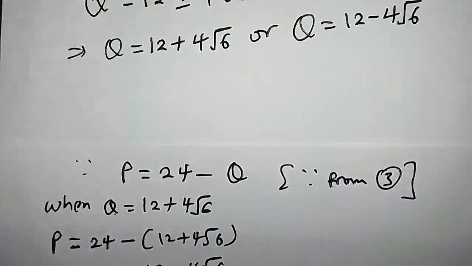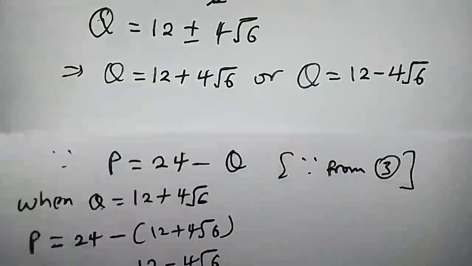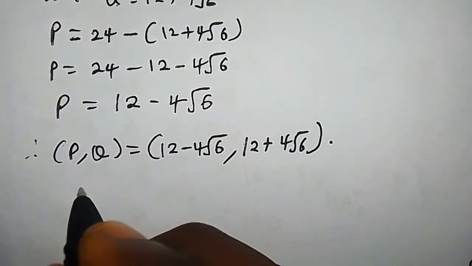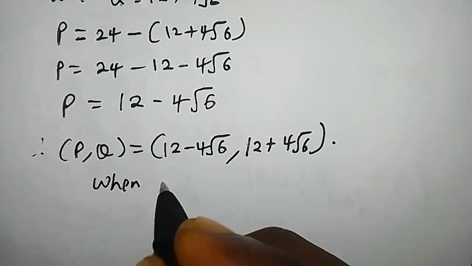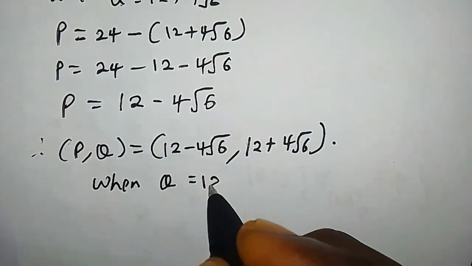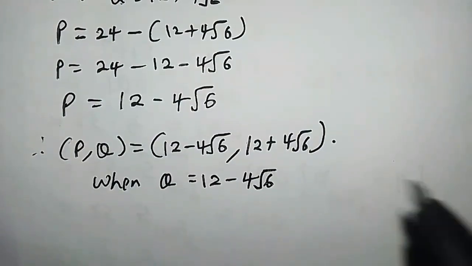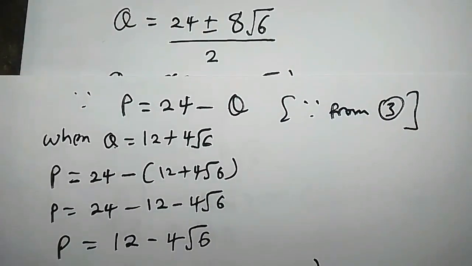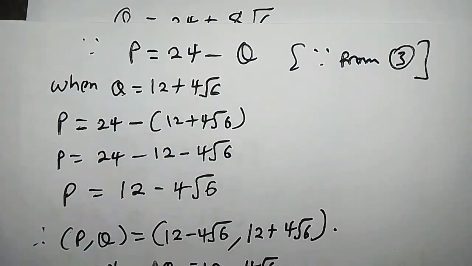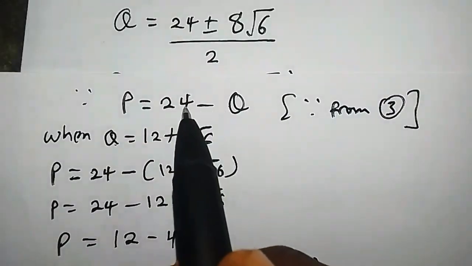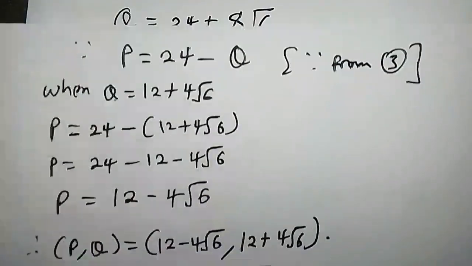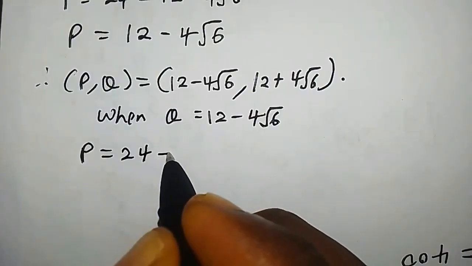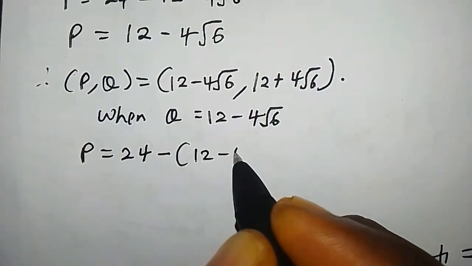Now, let us consider the case when Q happens to be 12 minus 4 root 6. So what will be the value of P also? We are using the same equation, equation 3. So when we plug this value of Q into this expression, we have P equal to 24 minus 12 minus 4 root 6.